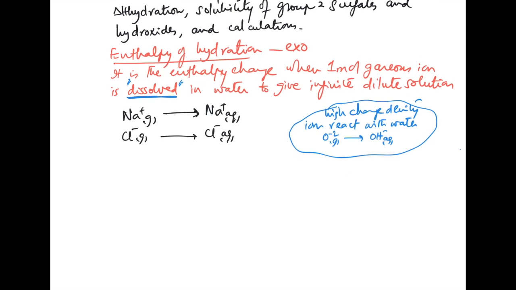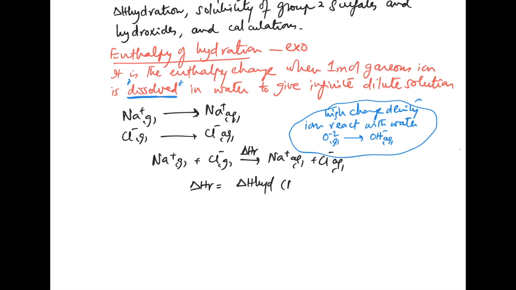And what if I add them together? Let's say if I have Na+ gas, Cl- gas, it gives you Na+ aqueous plus Cl- aqueous. So if I ask you, what is this value, enthalpy of reaction? I think it will be equal to enthalpy of hydration of sodium ion plus hydration of chloride ion.